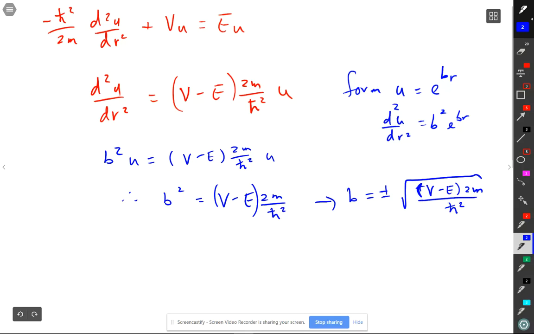So there's a very general solution, and that would be a solution inside or out as long as V is constant, which it is in this problem. So now we have to look at our two regions.